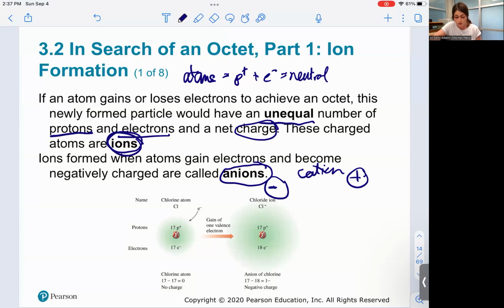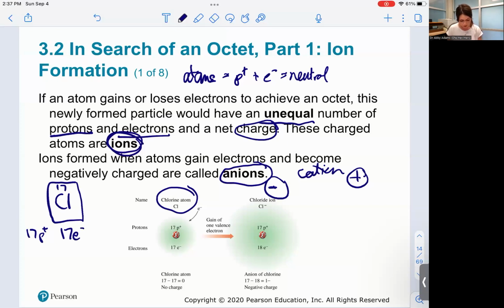Okay. So if you have this chlorine atom, you have chlorine on the periodic table. You're going to have your atomic number 17. So usually you have 17 protons and 17 electrons.